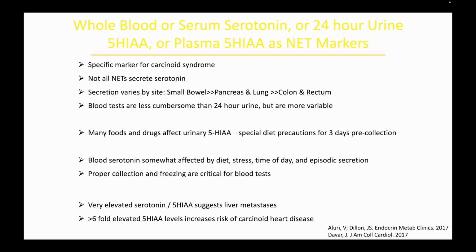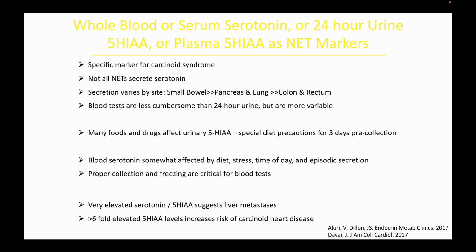The different tumors again make different amounts of this. So again, the small bowel is the main site for serotonin. The blood tests are certainly less cumbersome than a 24-hour urine, but they can be more variable if they're not done carefully. The 24-hour urine, which has been around for the longest, really requires very close supervision of diet to make sure that a person is not taking in things that will be turned into serotonin.